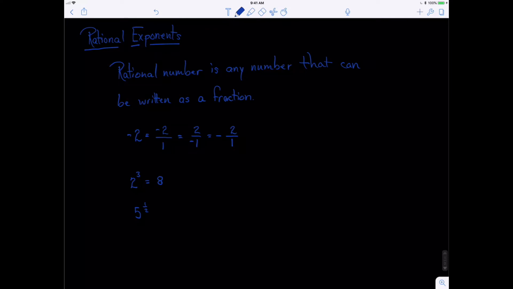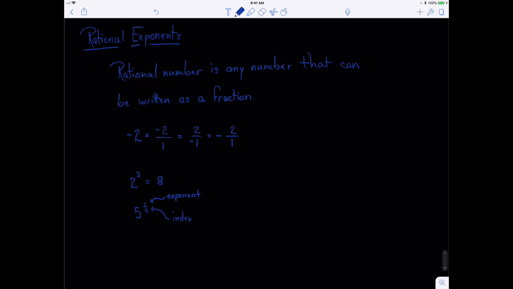So the number in the numerator of the rational exponent is the exponent as you know it, the repeated multiplication. The number in the denominator is the index.